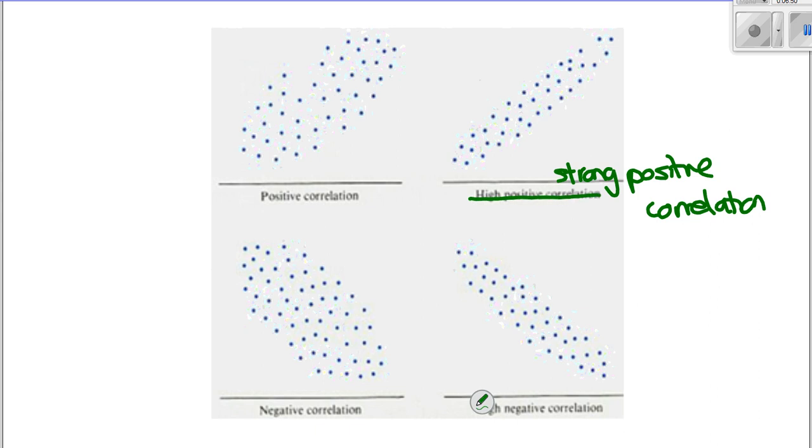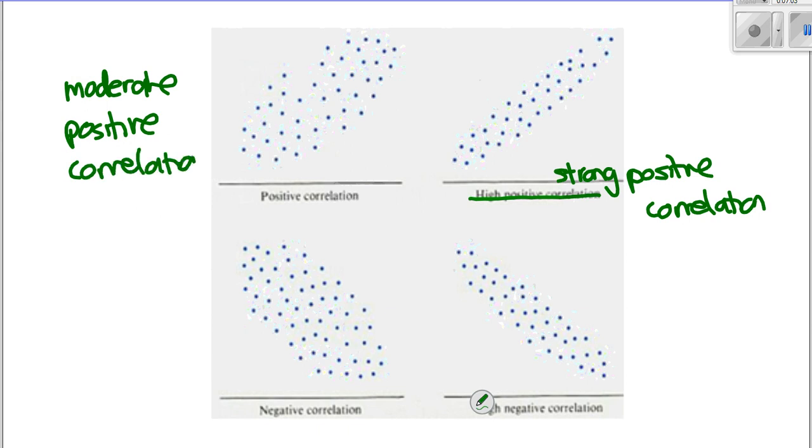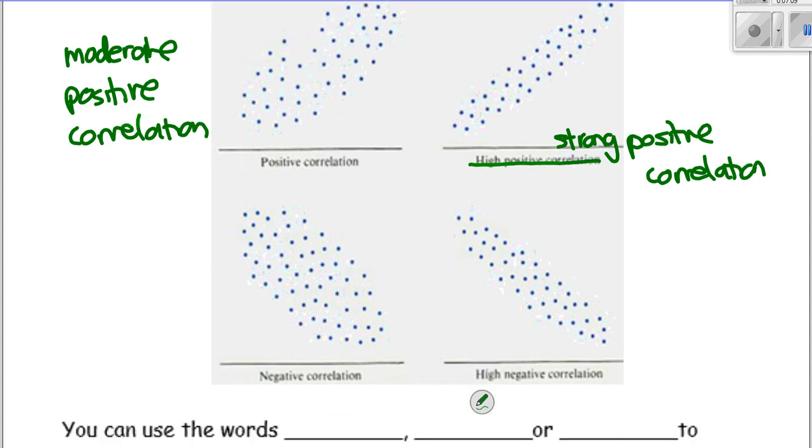Whereas this one here is a positive correlation, but more specifically, a moderate positive correlation. Some might say moderate to weak. Comparing the two, the one on the right is stronger than the one on the left, because the points are closer together on the right. It's a more clear upward trend.